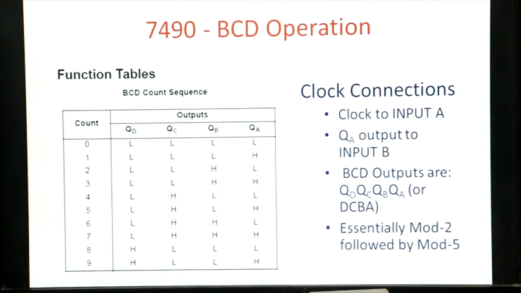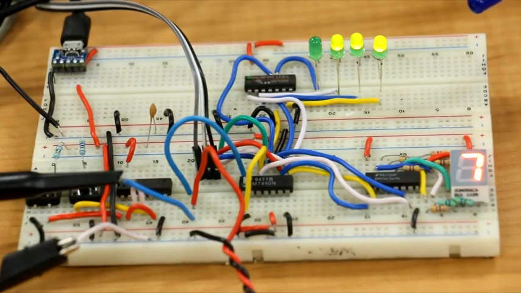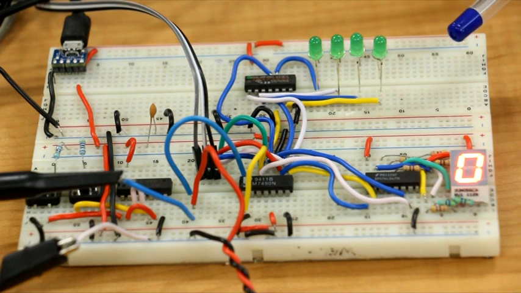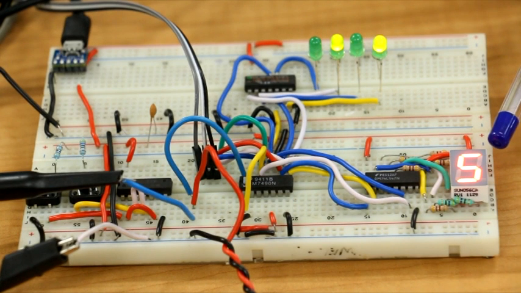So let's see how it is working. What we have here is the BCD counter, and we are given a slow clock, even less than 1 Hertz. You can see that the 7-segment display is nicely cycling through all the decimal digits from 0 to 9, and after 9 it comes down to 0, and it goes 0, 1, 2, 3 in that order.